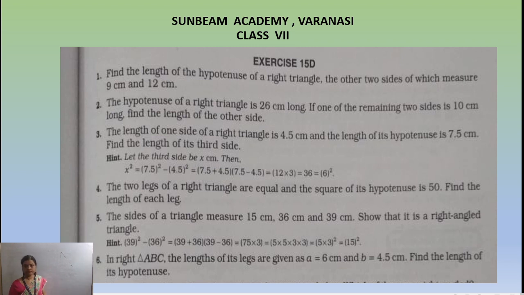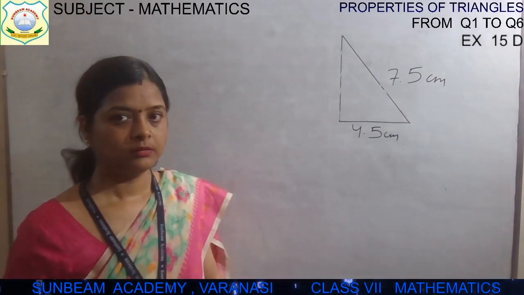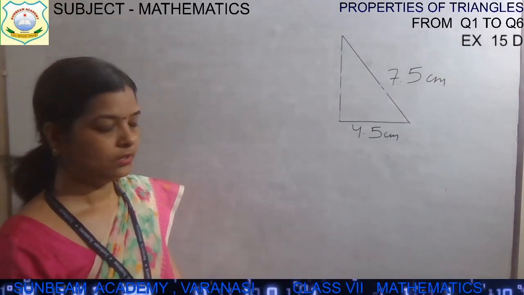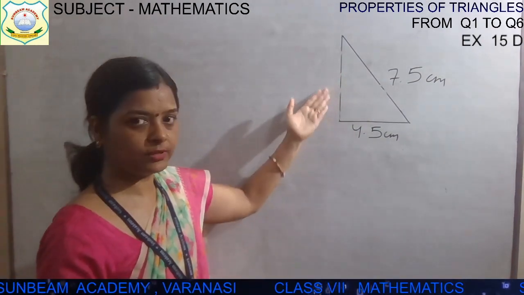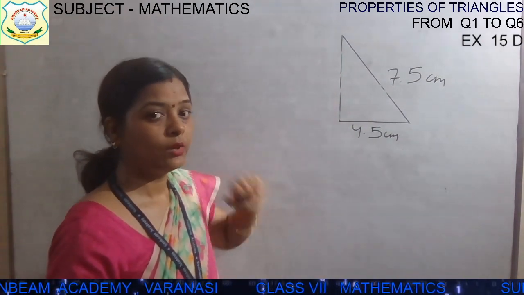See, now what is the hypotenuse, children? 7.5 centimeter. And one of the sides is 4.5. So I am going to take its base as 4.5 centimeter. Two sides are given, we have to find the third. So the diagram may be like this. You can take 4.5 as this one also, because they have not specified which one.